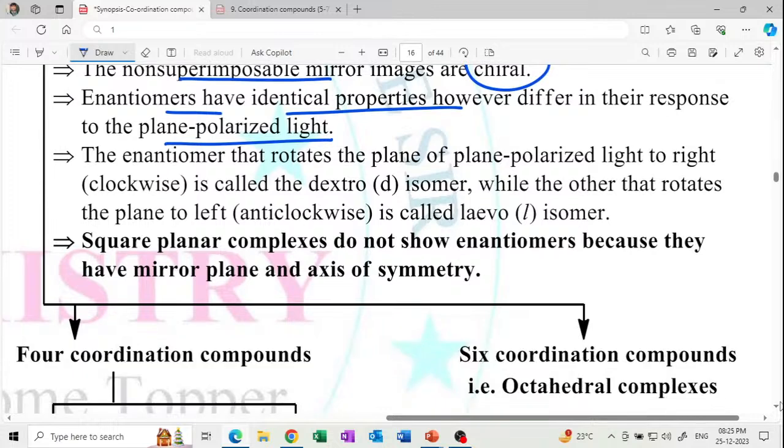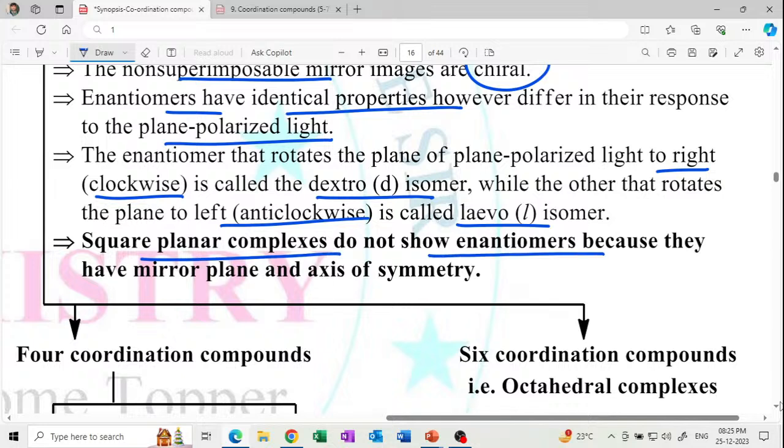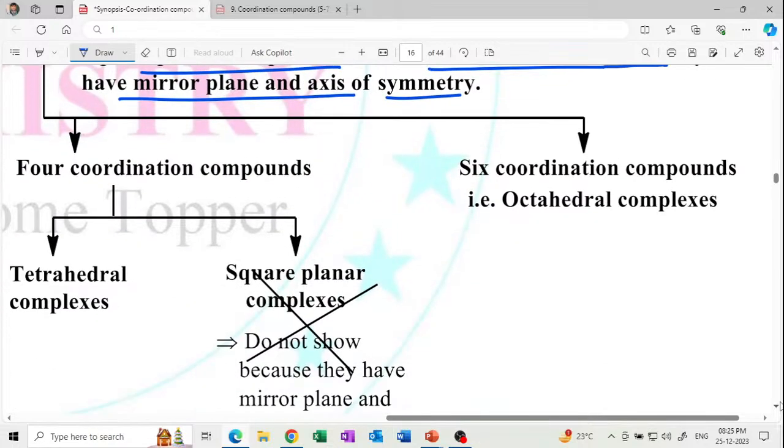The enantiomer that rotates the plane polarized light clockwise, to the right, is known as dextro. The other that rotates it anti-clockwise is known as laevo. And square planar complexes do not show enantiomers because of the mirror plane and axis of symmetry.